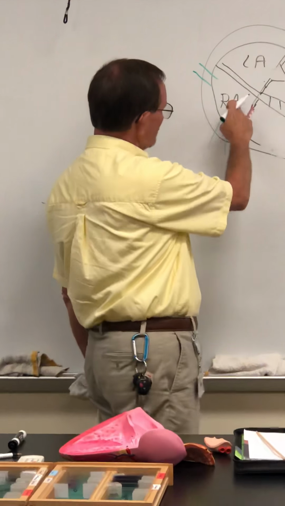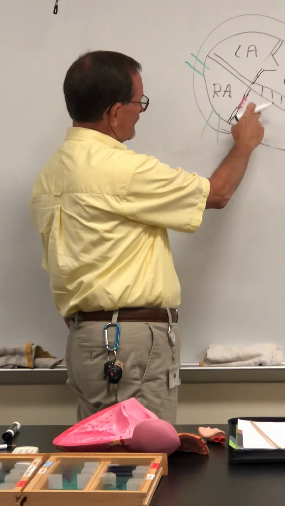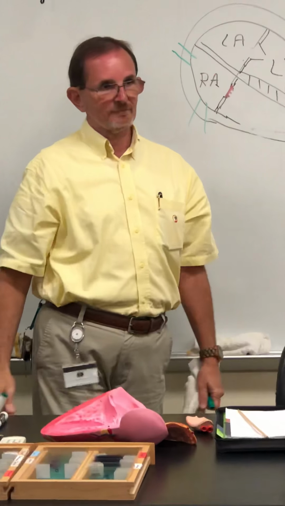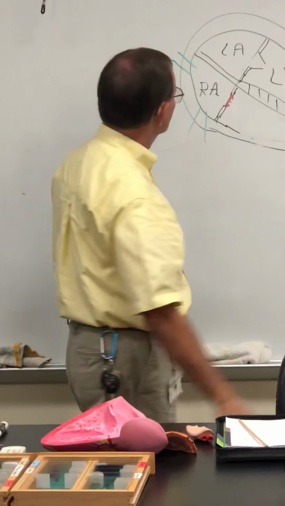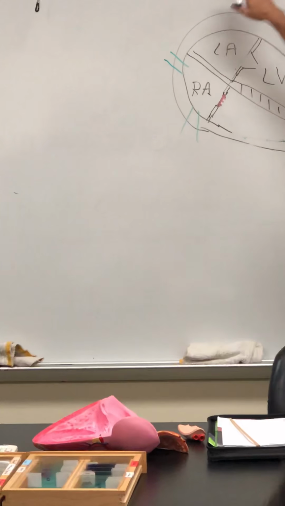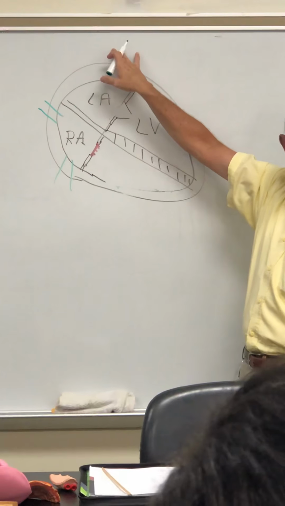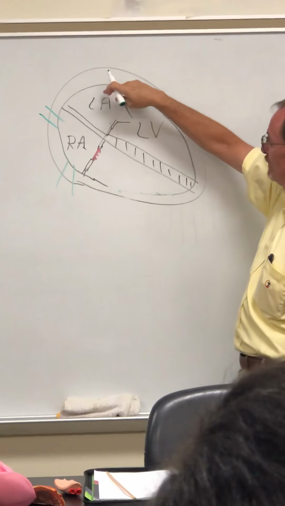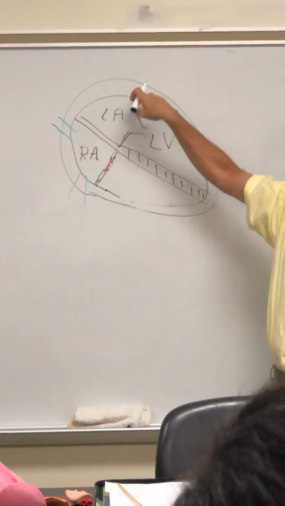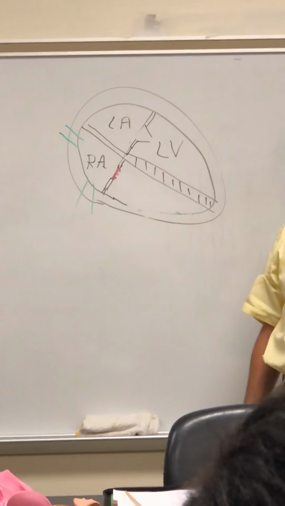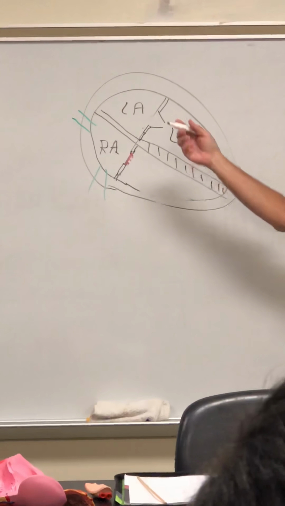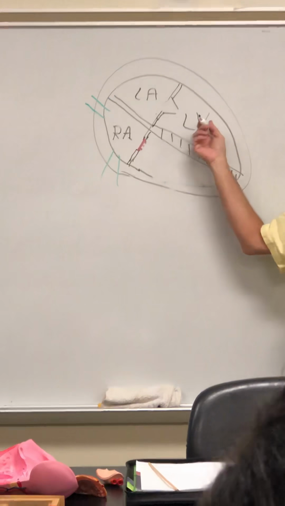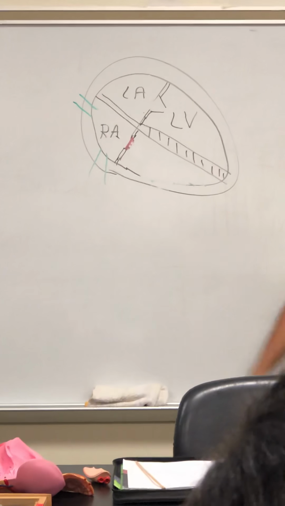We already saw that blood is going to leave the right atrium to go to the right ventricle. Good enough. The pulmonary veins that we talked about are bringing blood back to the left atrium. From the left atrium, that blood is going to go into the left ventricle because we already talked about that valve, right?